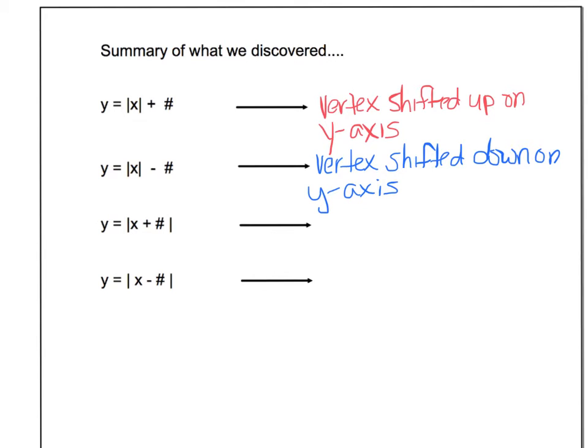We explored what happens when we have plus some number, but inside the absolute value symbol. That's the key. It needs to be inside. When it is inside the absolute value and added, our vertex will be shifted to the left. And it's shifted to the left on the x-axis.